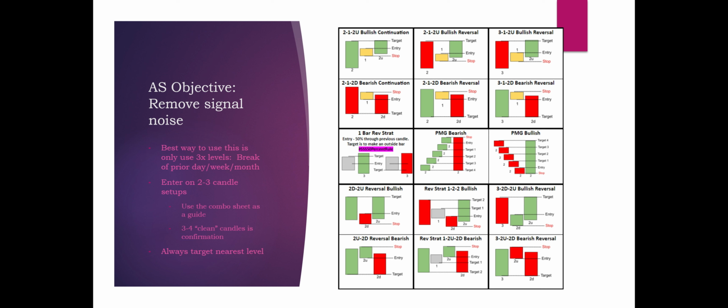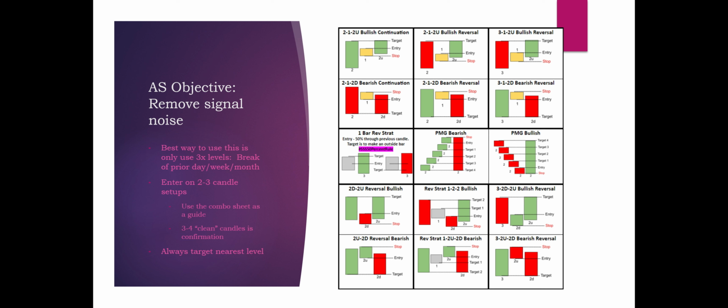In general, even though there are a lot of these different combos, and you can go do a search in Google and find various combo sheets for the Strat, they've certainly expanded it over the years. But, just as a beginning spot for you to practice this method of trading and see how it functions, the setups you're generally going to want to look for are the most common ones.